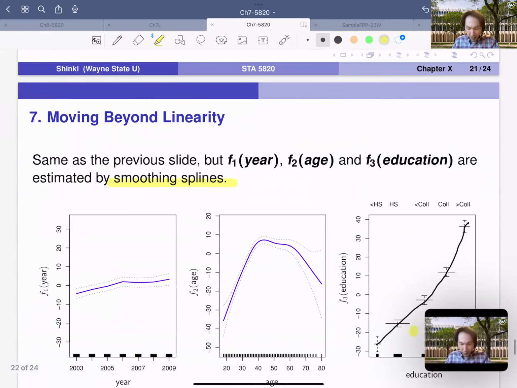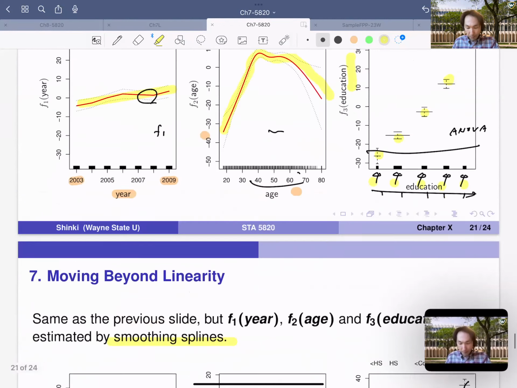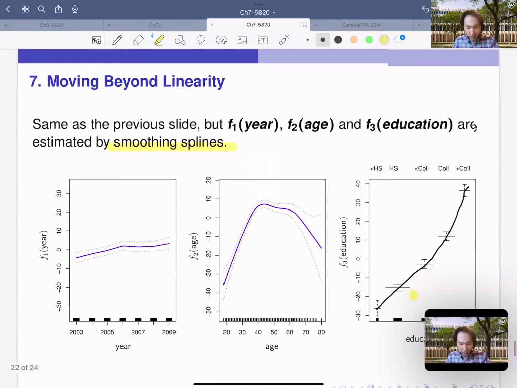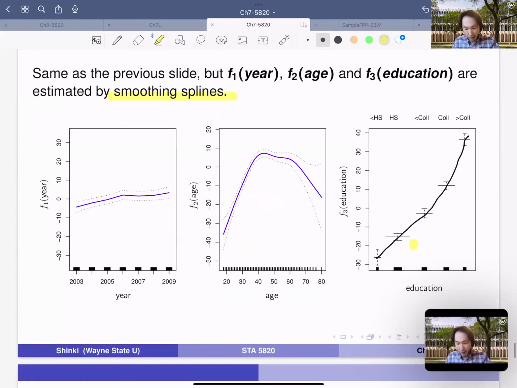If we combine these, we can do slightly better than the usual multiple linear regression. And this is by least squares. This is by regression spline, and you can do this with smoothing splines as well.